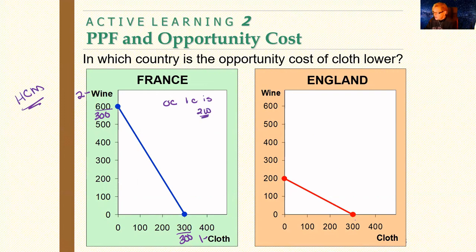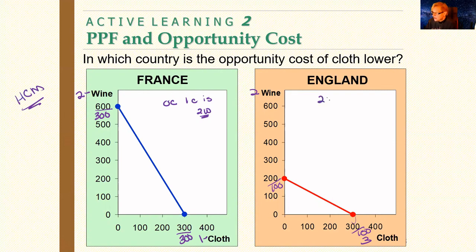In England, we look at what the highest common multiple is that goes into both evenly. Okay, 100. So if I divide by 100, I end up with a 3 cloth to 2 wine ratio. Now remember, I can't talk about opportunity cost until I get a 1 either in the numerator or the denominator.